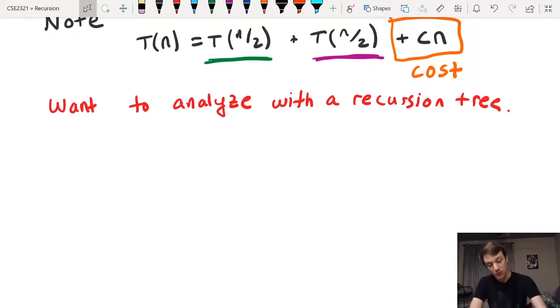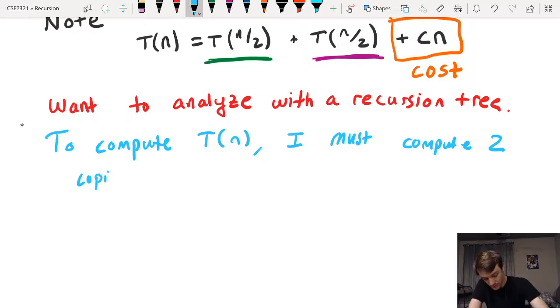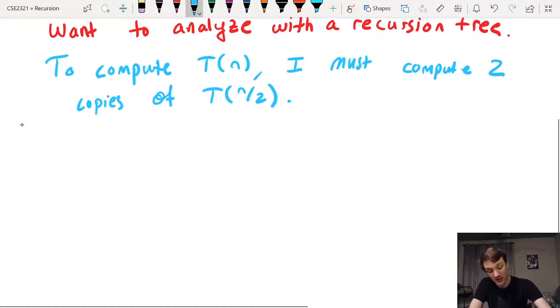So to compute t of n, I must compute two copies of t of n over 2. We're going to visualize this with a tree.